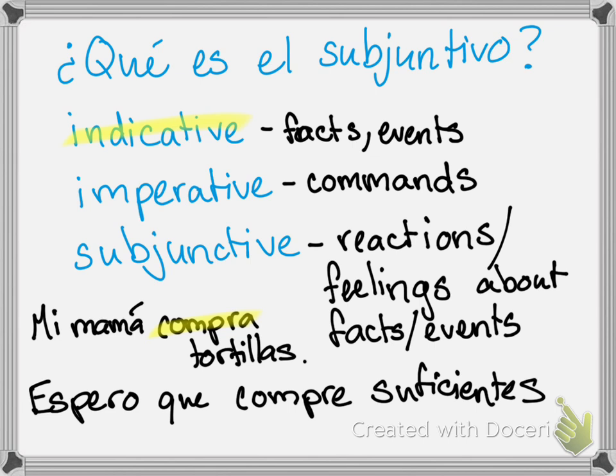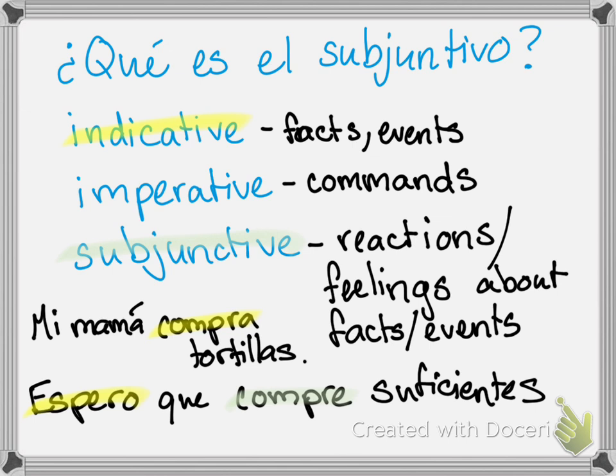So now I have two verbs. I have espero, which is in that indicative that we were just talking about a second ago. And then I also have compre. Compre is my subjunctive. And you might notice it's a little bit different from compra, and we will talk about that shortly.